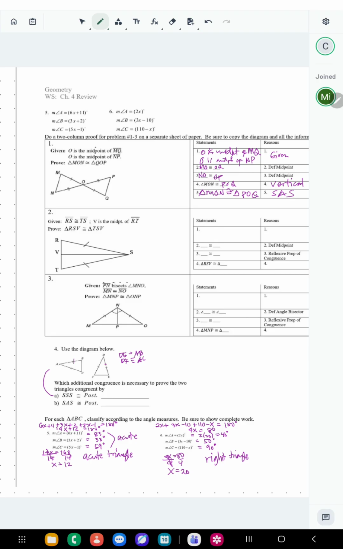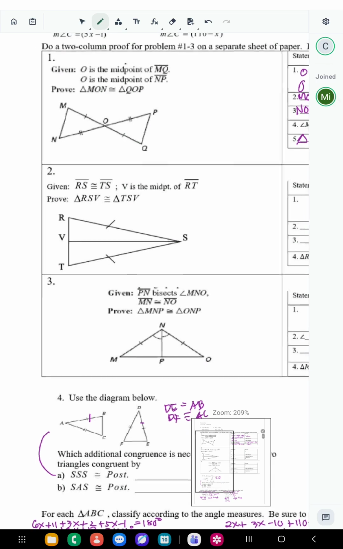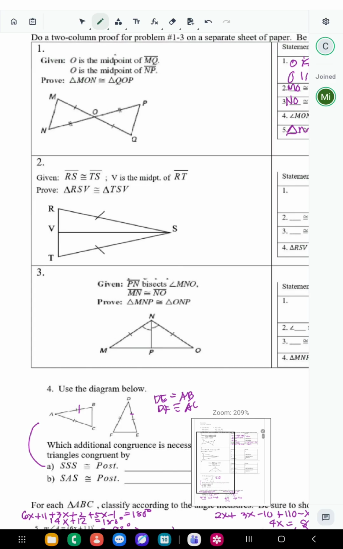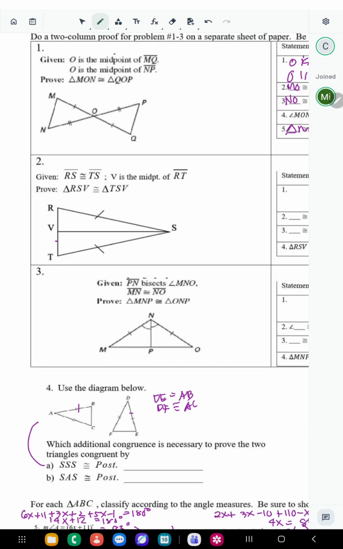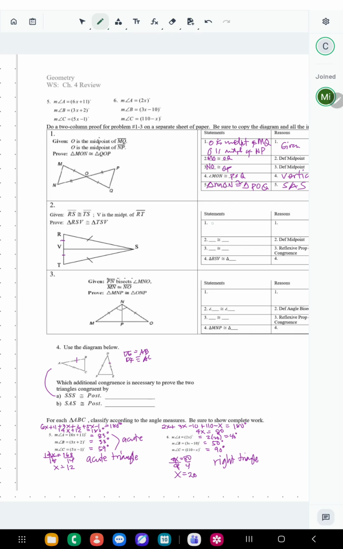Okay, let's move on to number 2. RS is congruent to TS, and V is the midpoint of RT. This is given.